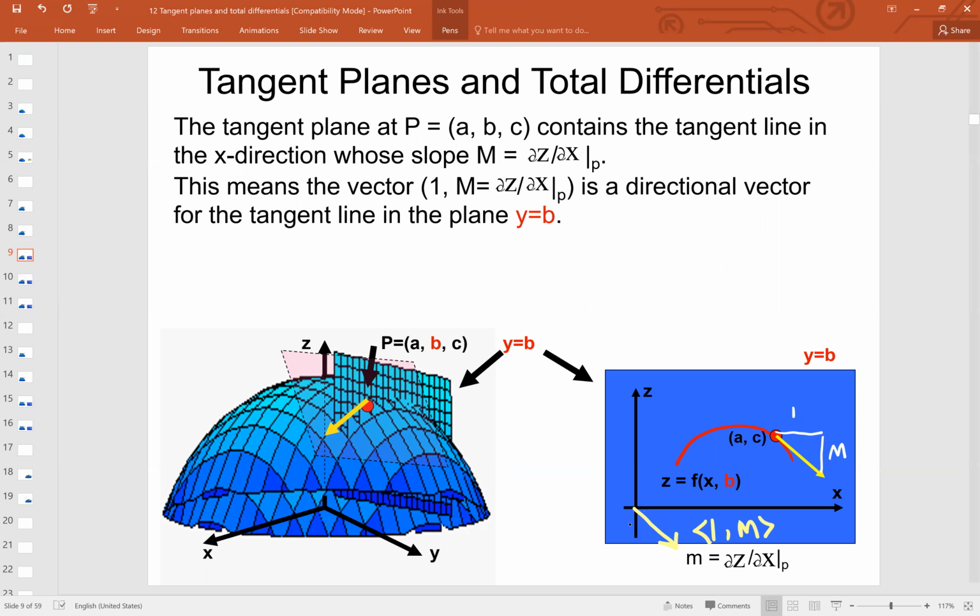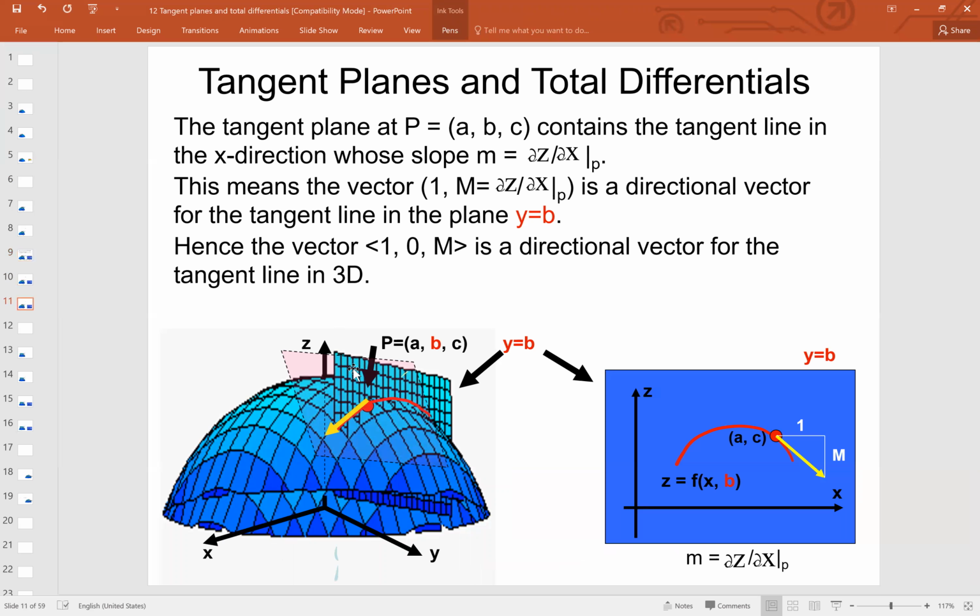If I put these directional vectors into three-dimensional space in standard position, then the y components will be 0. In other words, the directional vector in three dimensions is the vector (1, 0, m).